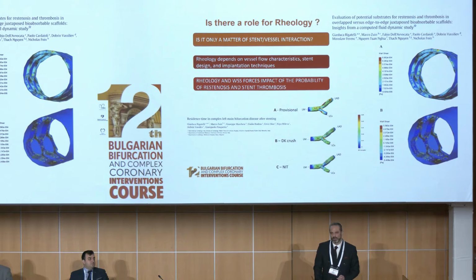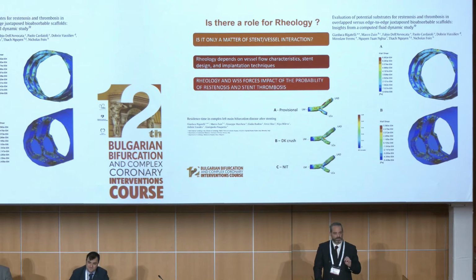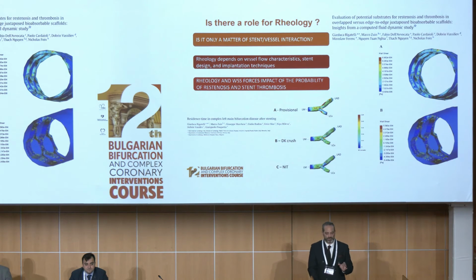We used computational fluid dynamics to calculate the residence time of the blood flow in complex bifurcations after stenting. And here is a complex bifurcation. So it's an OCT-derived study. We performed, in a real patient, crossover, DK crush, and nano-inverted T technique, and we segmented the OCT imaging and calculated the residence time, wall shear stress forces, hydrostatic pressure, and so on.